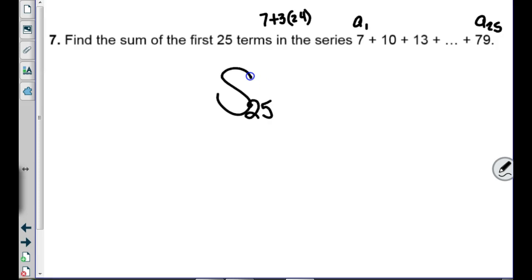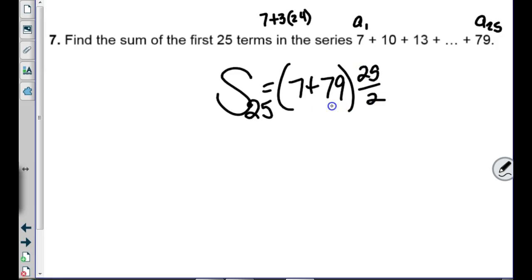The sum of 25 terms, what are you going to add? 7 and 79, and then you're going to multiply by 25 divided by 2. I got 1075. Anybody else? Okay, if you're not typing, or you're not getting those answers, we need to figure out what you're typing wrong. We good?